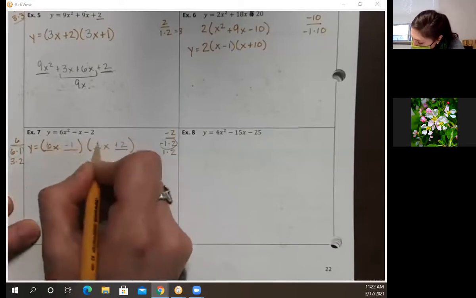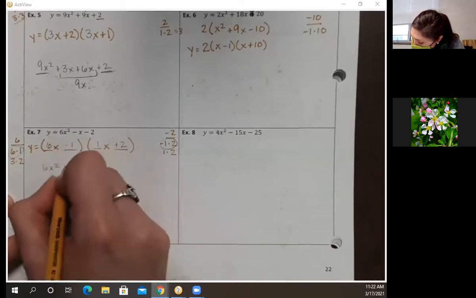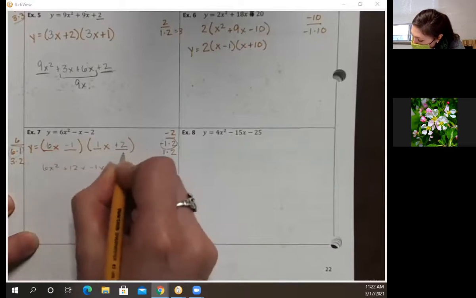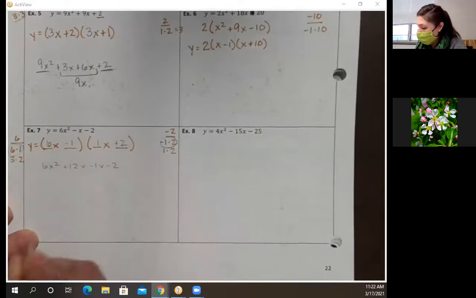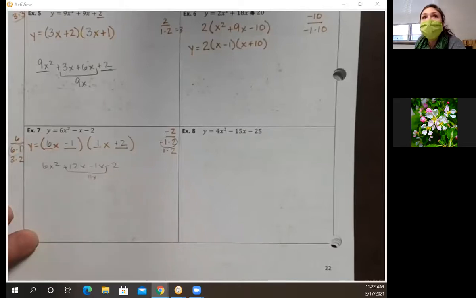So if I distribute here, I would get 6x squared plus 12x minus 1x minus 2. When I combine my middle terms here, I would get 11x. I want -1x. This one didn't work.